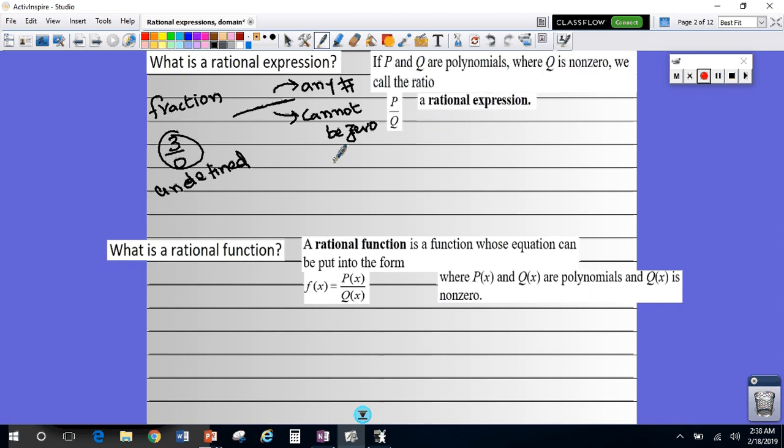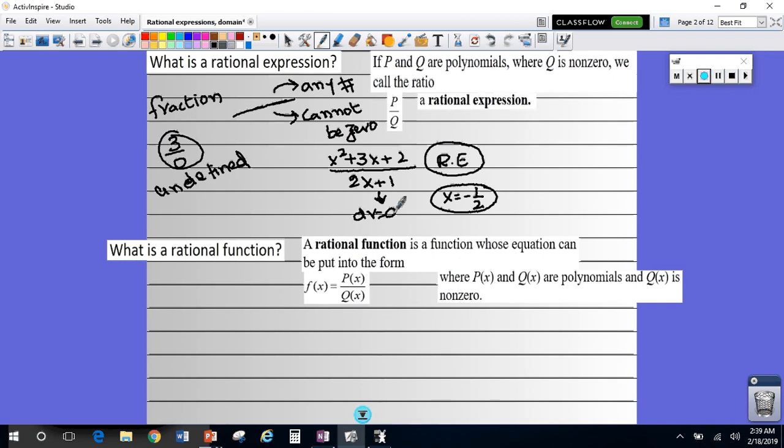For example, suppose you have x square plus 3x plus 2 all divided by 2x plus 1, right? This is called a rational expression. Now, can you say for what value of x the denominator will be equal to 0? If x equals negative 1/2, this part, that is the denominator, will be 0, right?